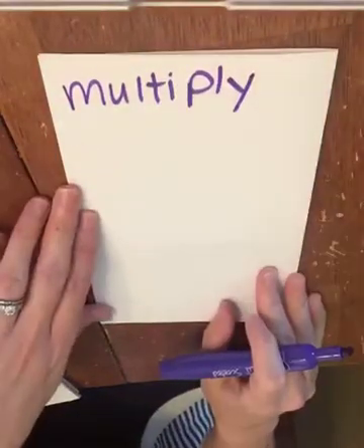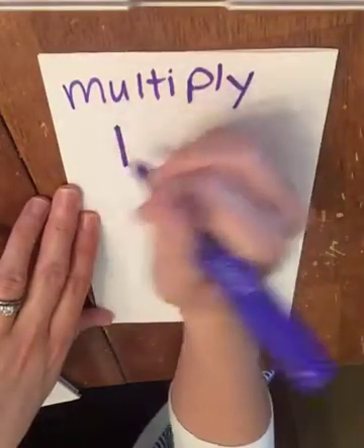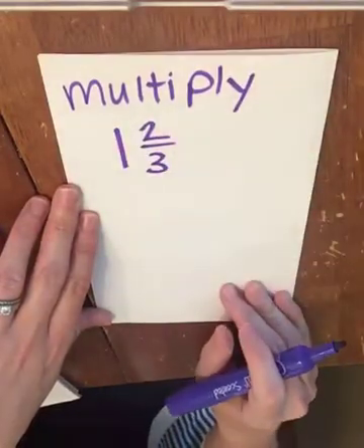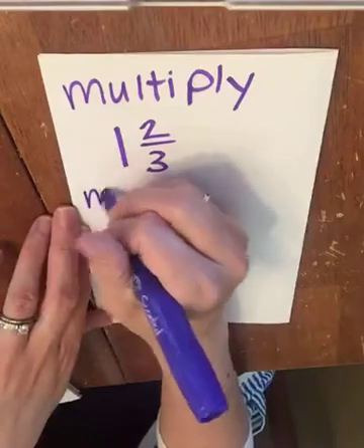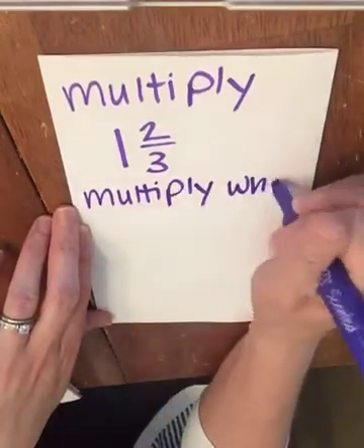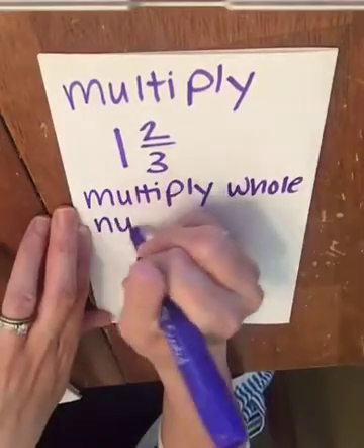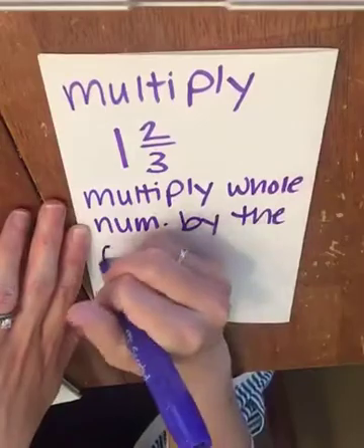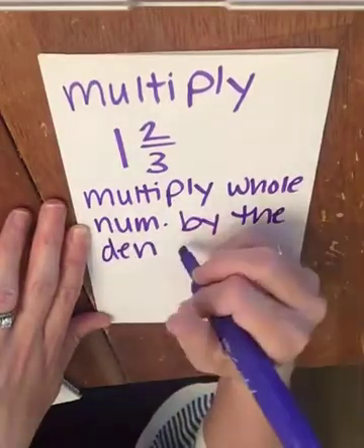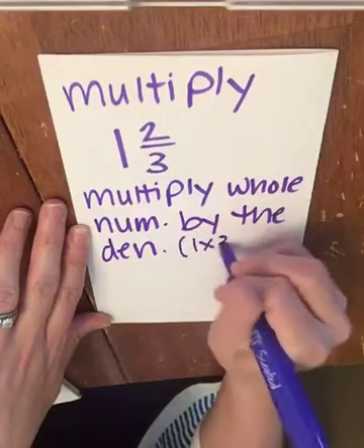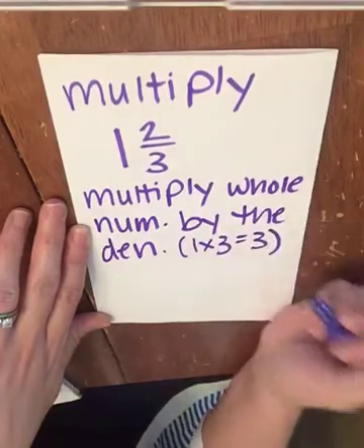If I'm multiplying, what I'm going to do is I'm going to take my whole number, I'm going to write this fraction here, okay? What I'm going to do is I multiply that whole number by the denominator, okay? So I would do 1 times 3 equals 3, okay?